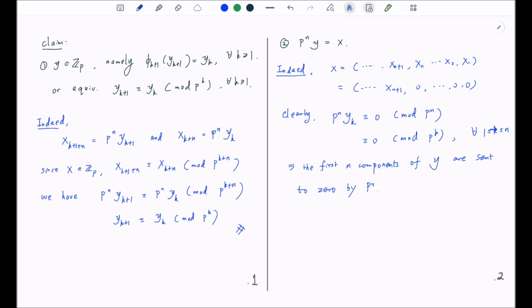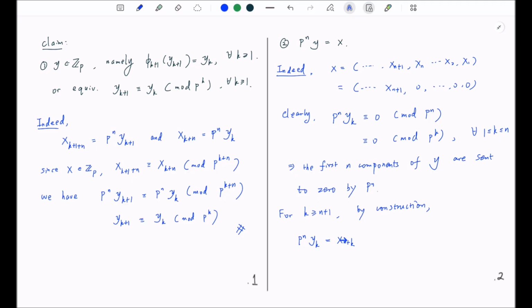And now, for any k bigger or equal to n+1, by construction, we have p^n times y_k is equal to x_{n+k}. This is our construction.